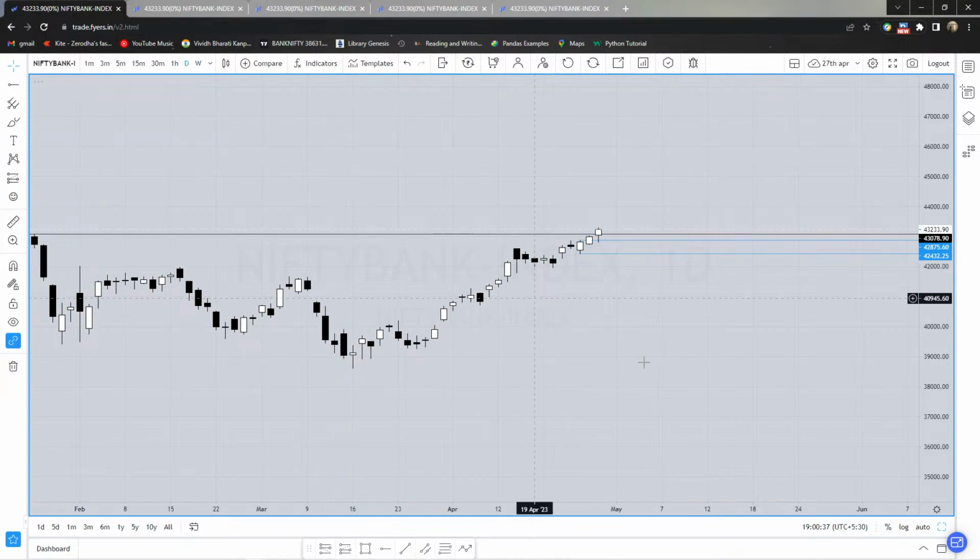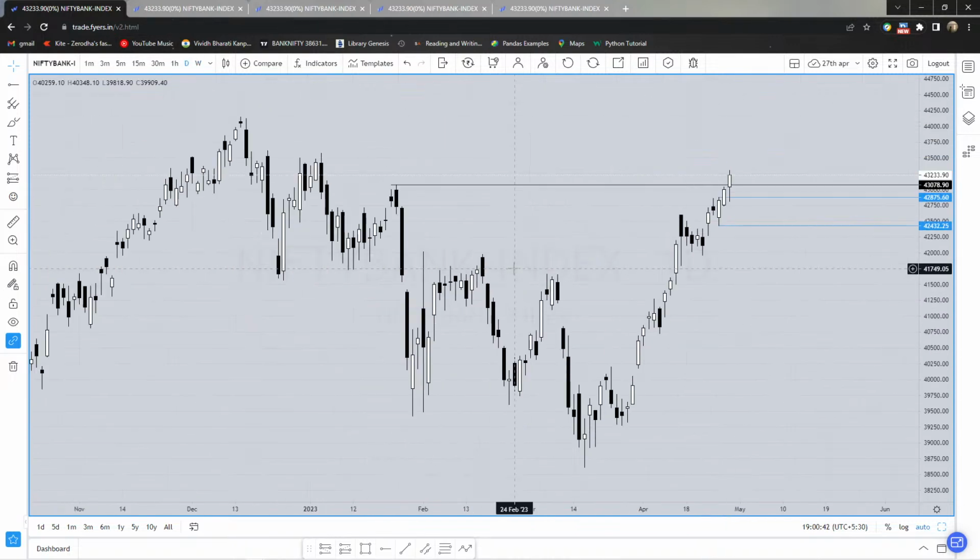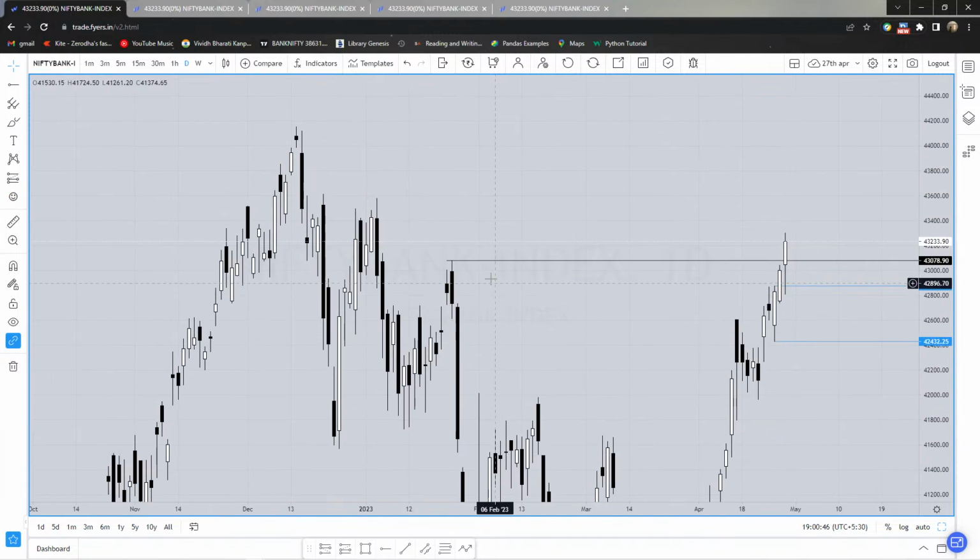And on the daily time frame, this is 27th. On the daily time frame, we'll mark another level.